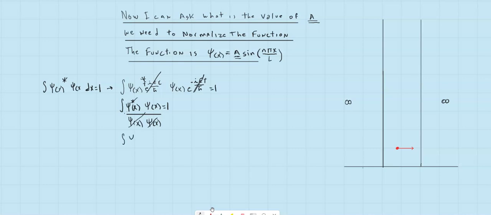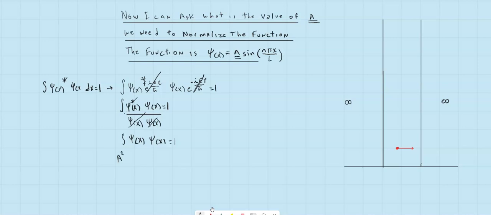Psi of x and psi of x is equal to 1. So what are we doing? We're squaring. And remember, the function is A, so we have A squared, so I need to take an A squared out, okay?